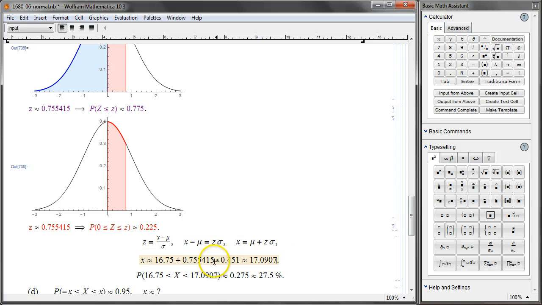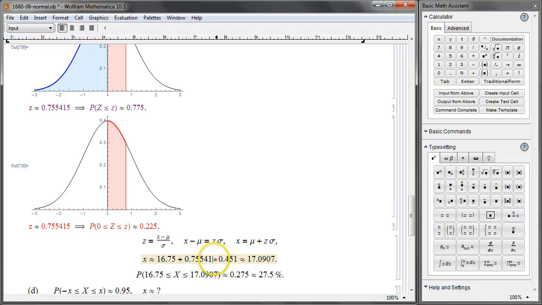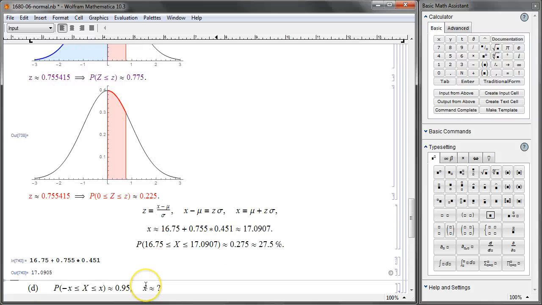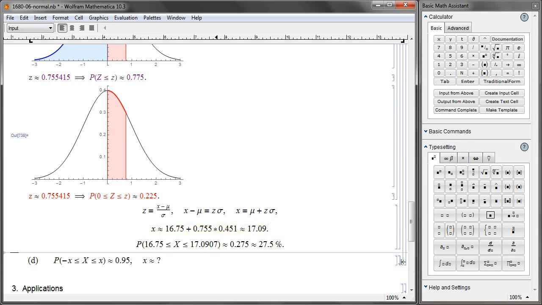As a matter of fact, I used a really precise figure given by Mathematica, but the estimation I got using my z-table was only up to 0.755. So let's use only up to 0.755. In that case, what do you get? Pretty much the same thing. So let's estimate it as 17.09.